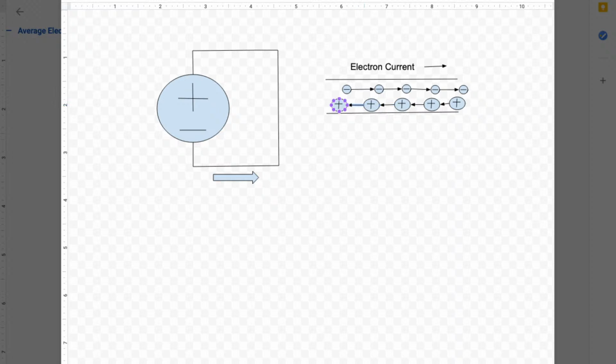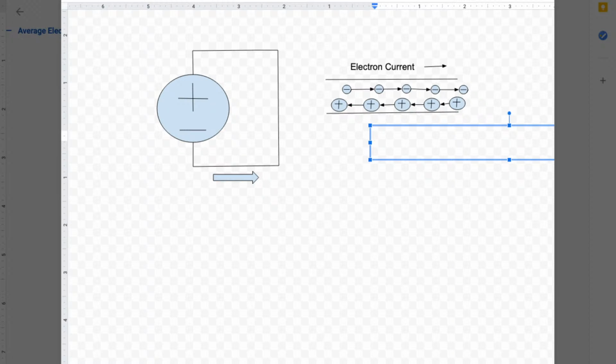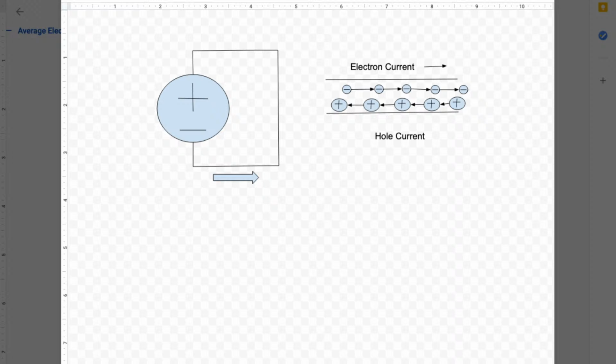So when trying to calculate current, it's easier to calculate the current based on the positive values to get better whole numbers. And this is actually called whole current, right? Super straightforward. You think of a whole number.